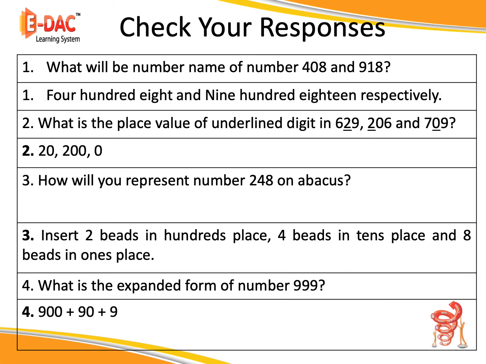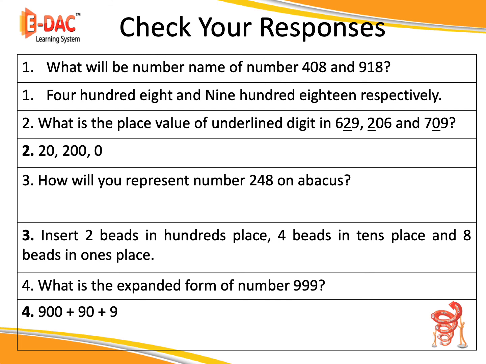Let's check your responses. The answer to the first question is 408 and 918. The answer to second question is, the place value of 2 in 629 is 20. The place value of 2 in 206 is 200. And the place value of 0 in 709 is 0.